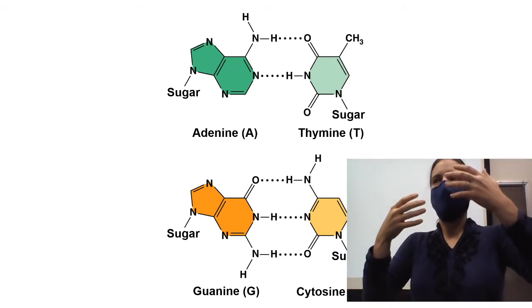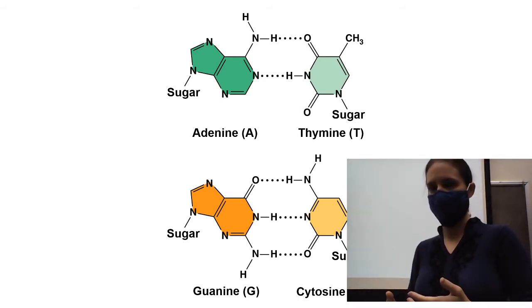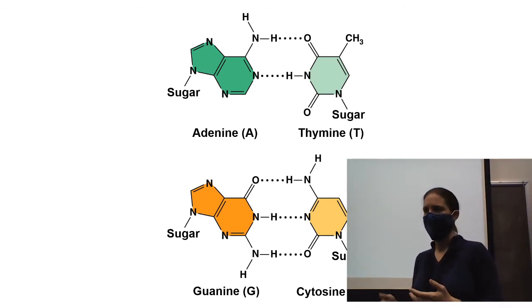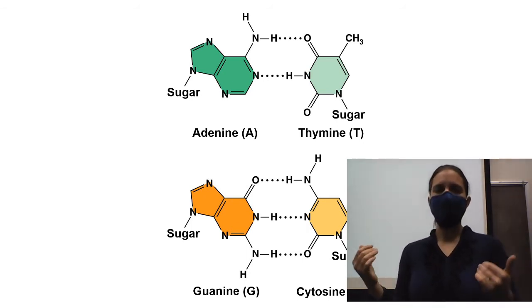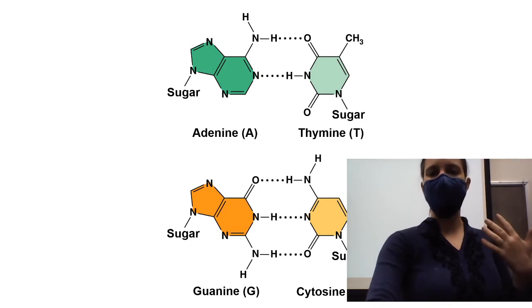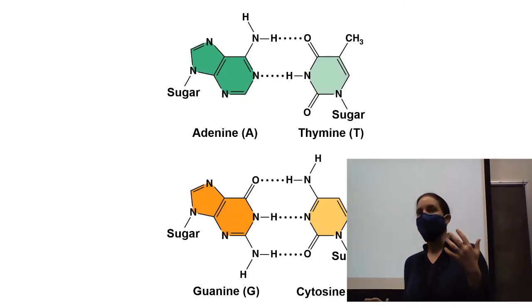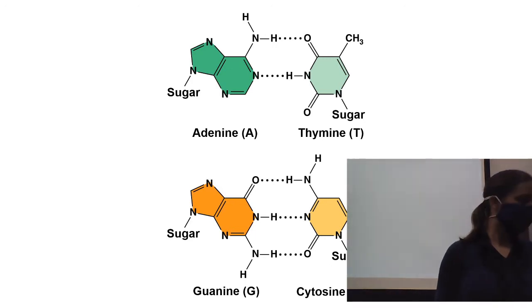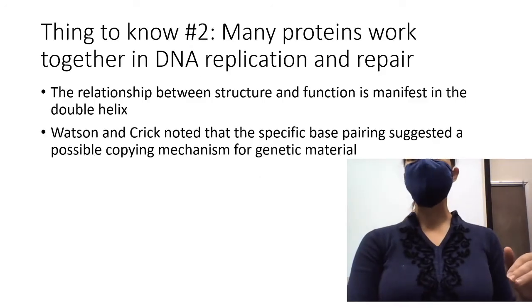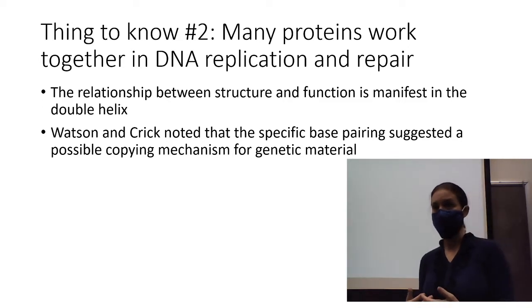That explains why you can figure out the ratios so well. So these bases are pairing in a specific and known order. This is cool. This sets up DNA replication and repair.